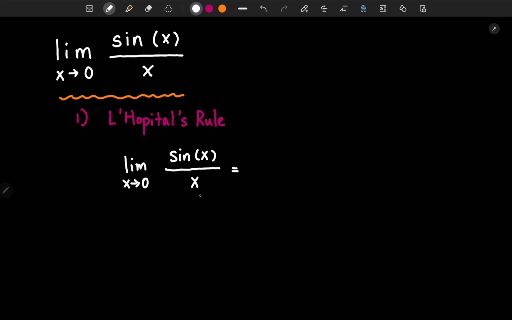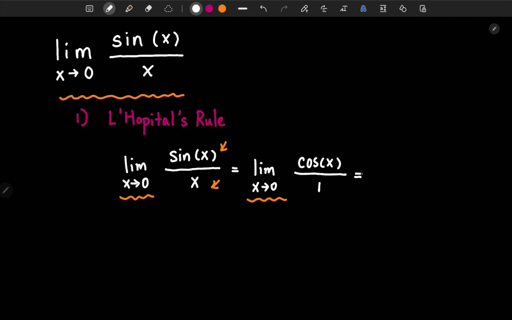On the left side, we have our original question, and that's going to be equal to, we take the derivative of the numerator, sine of x, which gives cosine of x. And on the bottom, the derivative of the denominator x gives 1. Notice these two limits are equal to each other.